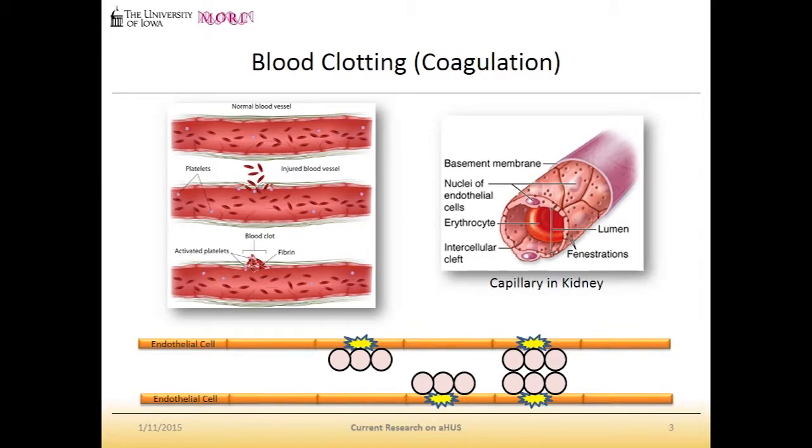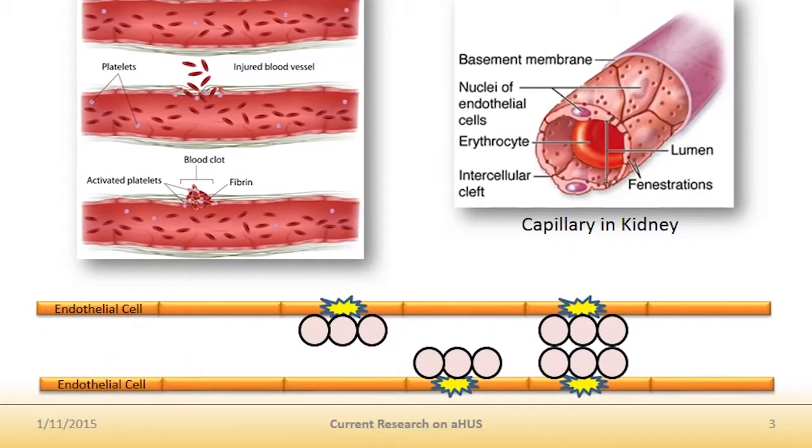It happens in our body, of course, including the kidney. This is a schematic picture of the capillary, those very tiny vessels in our kidney. The vessel wall is formed by a single layer of cells, and the capillary is so small that it only allows one red blood cell to pass by at a time.